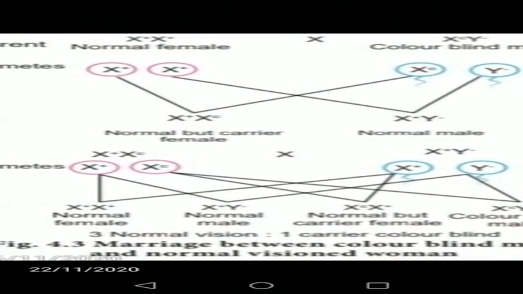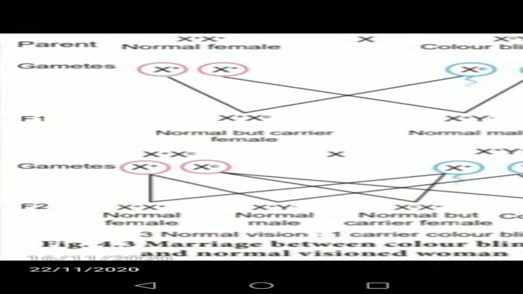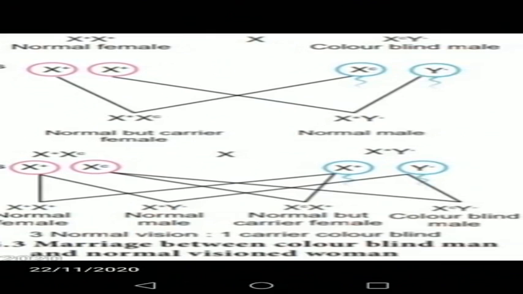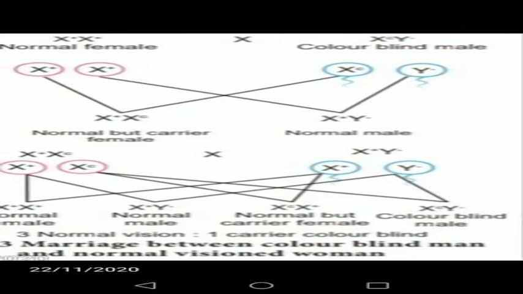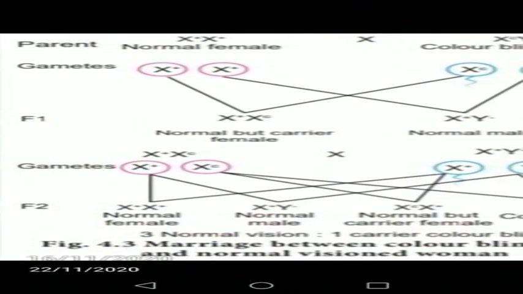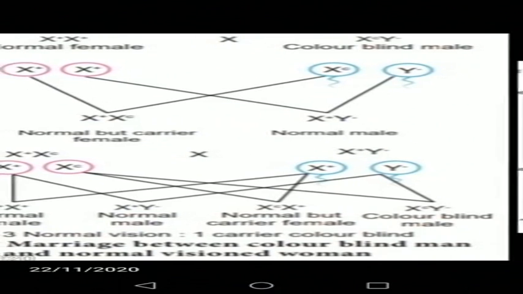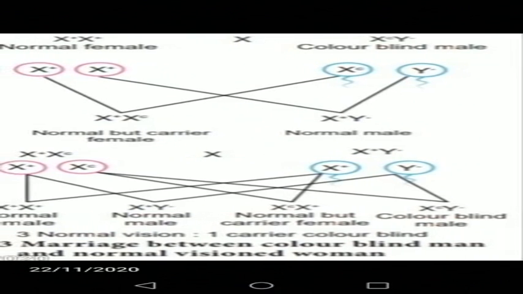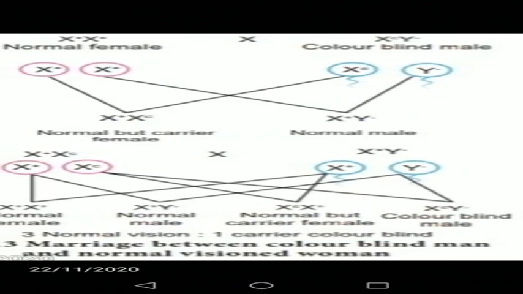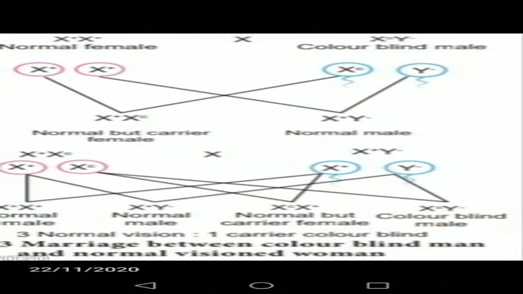As we discussed earlier, criss-cross means the disease comes from the color blind male, is transferred through the female, and that female transmits the disease to the male. So father to female, again to male.